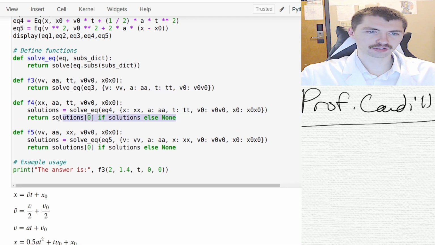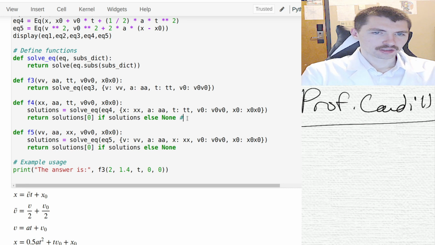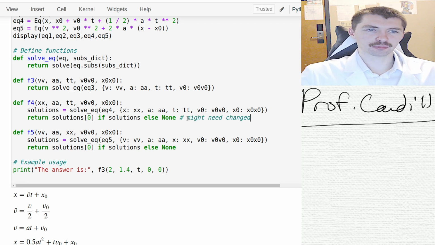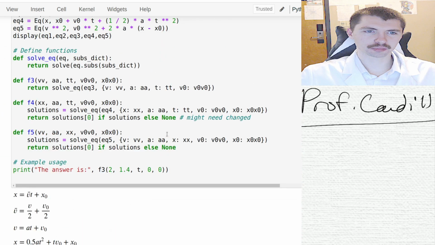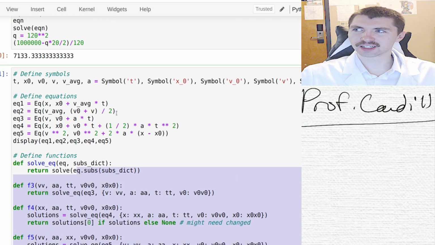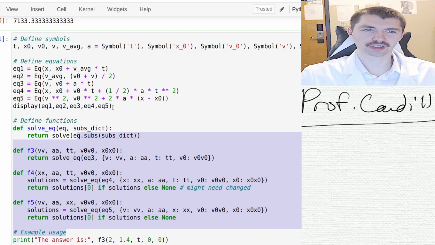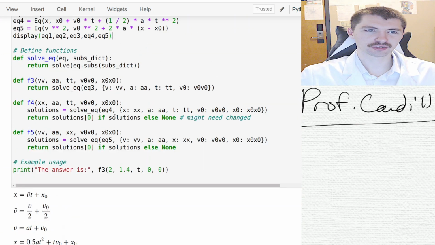And then it's got this special function here that might need change, because we might want a solution one, because if we get 2 square roots of time. So on the surface it looks a lot better than this, but we might need to actually mess with this more. But it looks way better, it's more simplified.